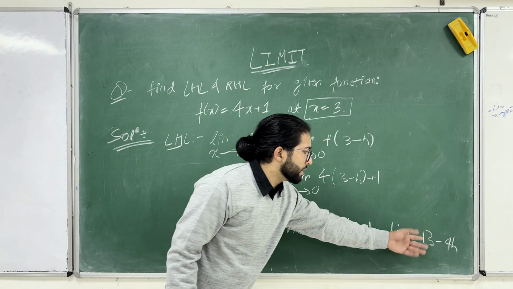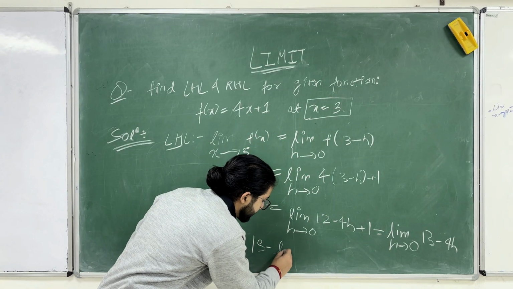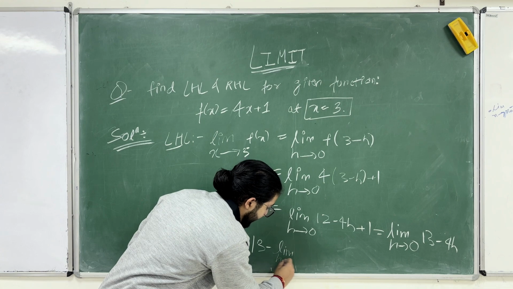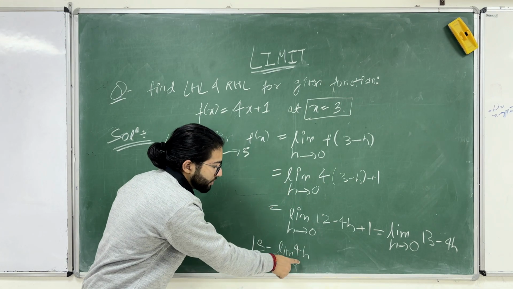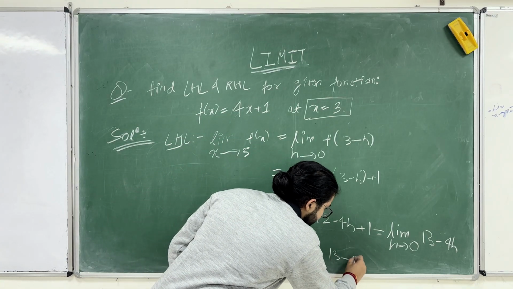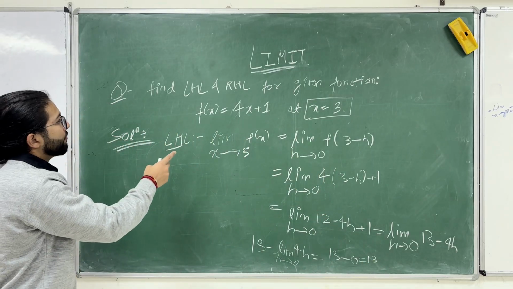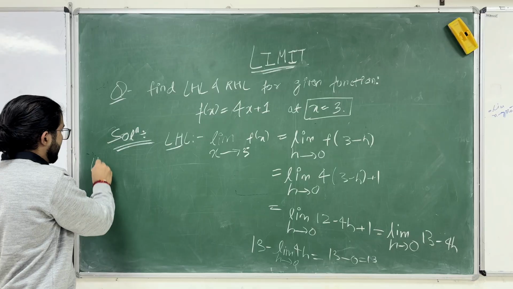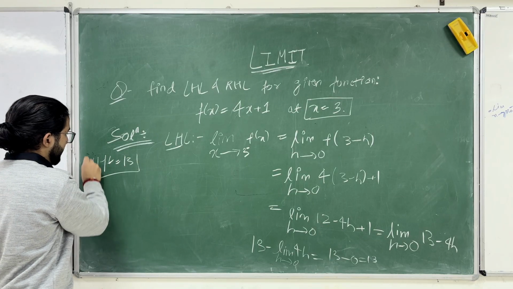Now 13 is a constant there, so it will be the same. 13 minus limit h tends to 0, 4h. If we put 0 there, it will become 13 minus 0 is equal to 13. So we can say for that function the value of LHL is equal to 13.